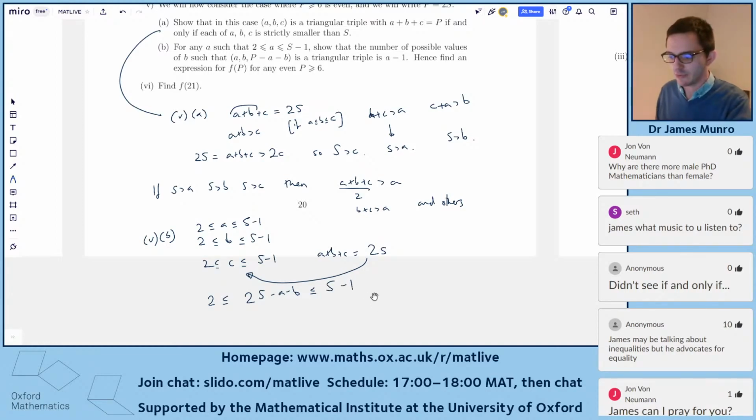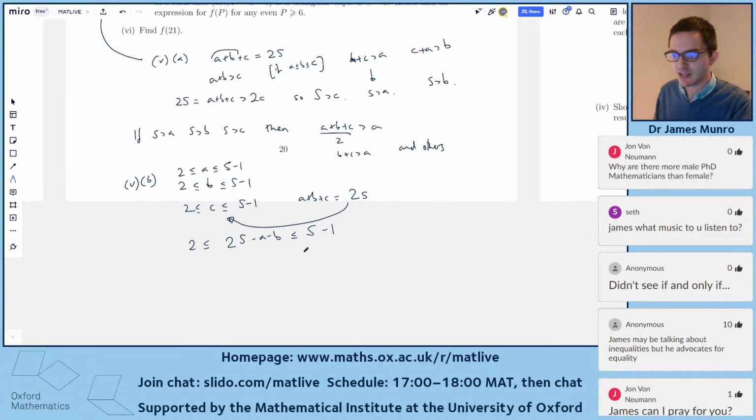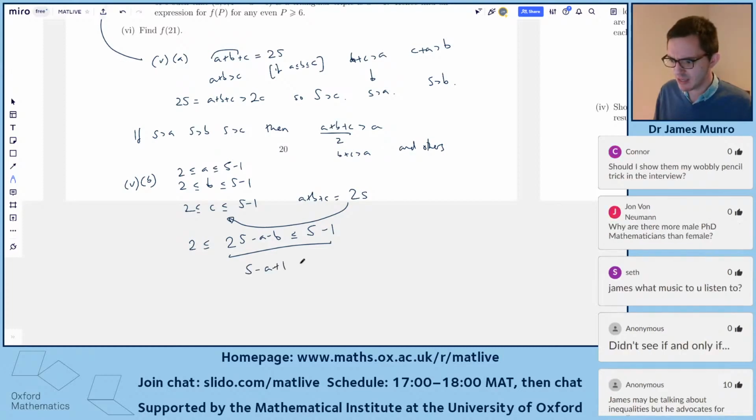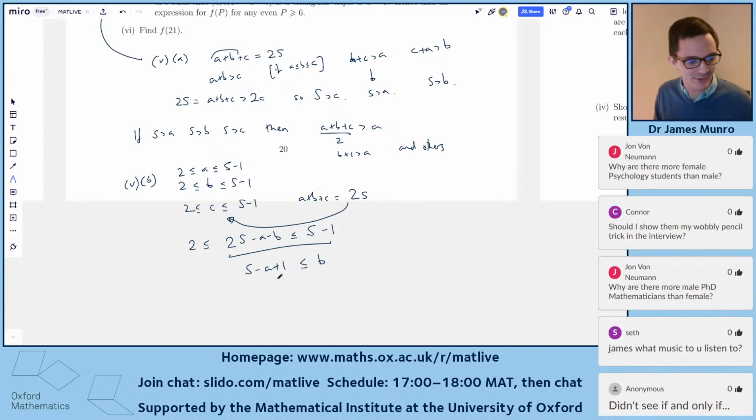Okay, cool. So I've got some nice expressions that tell me I could think about this one as being some sort of new rule about b in terms of a. In particular, I think it says this. B's got some lower bound. It has to be bigger than s minus a plus 1. I don't have a good intuition for this one. I had that story about triangles taking the long route round, but I don't have one for the other way around.